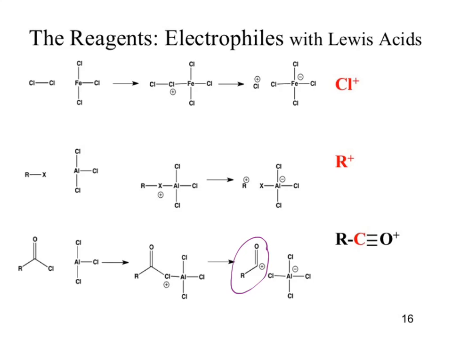Okay, so again, the chlorine will share its electrons with the aluminum, but now it's got too many bonds, so it takes the electrons away from the carbon, and we end up with our acylium ion and our aluminum tetrachloride side product, intermediate. Okay? Questions?